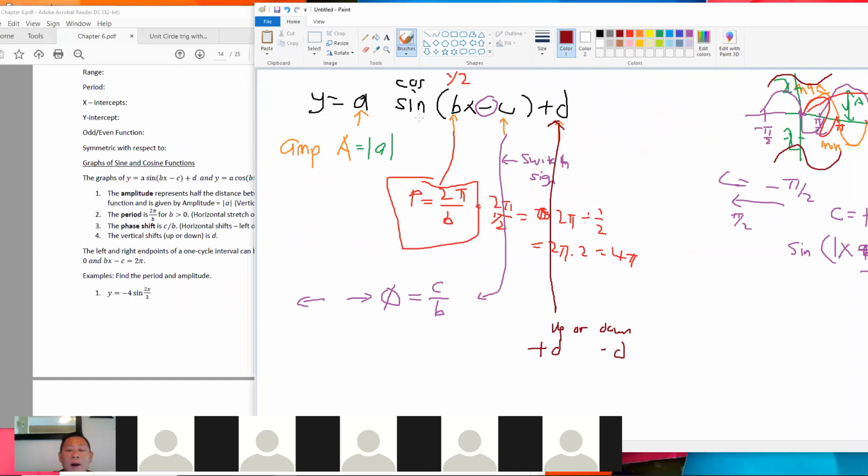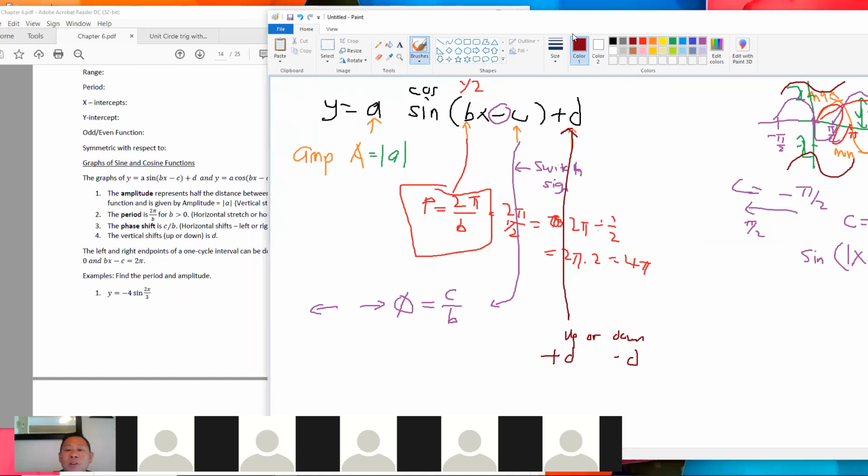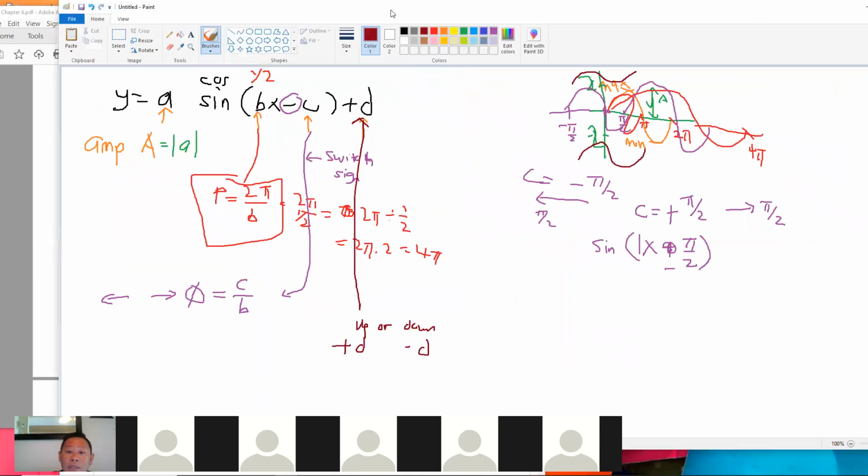And the last thing we're going to talk about here is how do we move this one cycle? We have to figure out the left and the right endpoints of one cycle. When we do a transformation, we need to figure out where it starts and where it ends. Once we know where it starts and where it ends, we can figure out the coordinates, because we just need to divide this by 4.